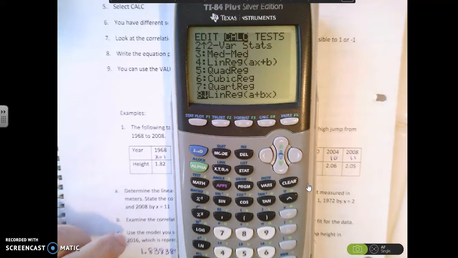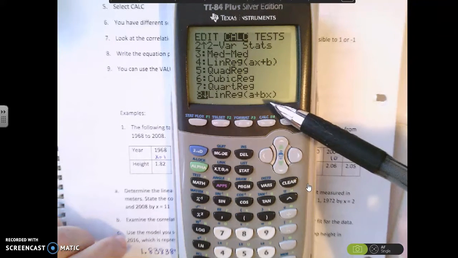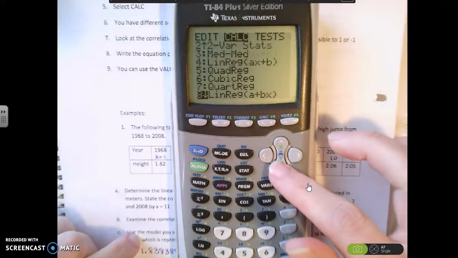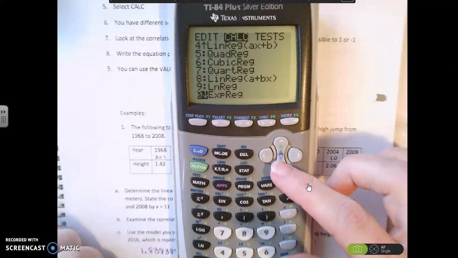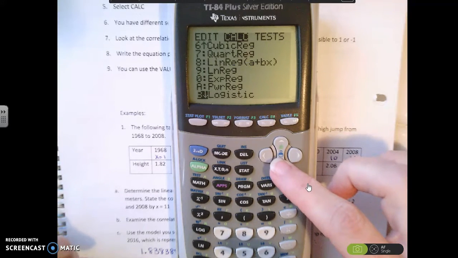Notice that the only difference is the format of the equations: a plus bx versus ax plus b. And then I have logarithmic, natural log regression, and I have exponential regression, and I have a power regression, which would be like something to the first power or second power, not exactly exponential.